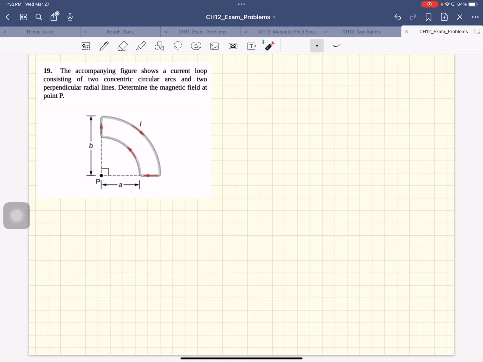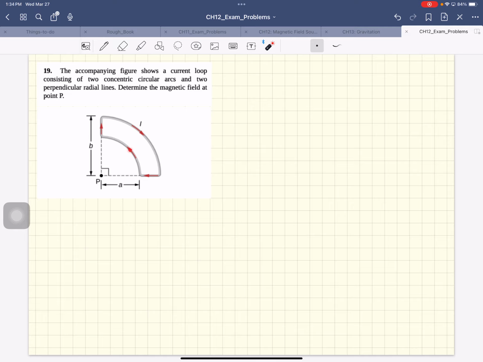Let's figure out the direction of the field. In what direction does this little element produce a field at that point? You stick your thumb out in the direction of the current, and your fingers point in the direction of the magnetic field.